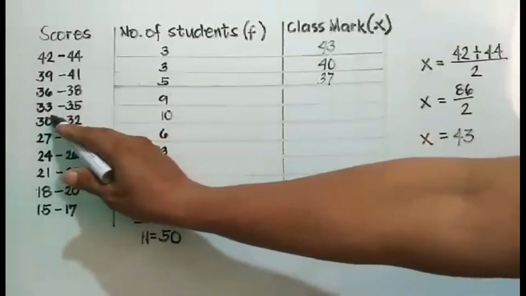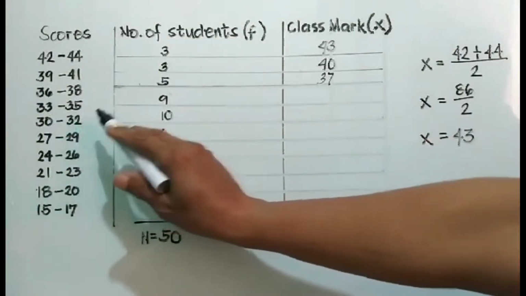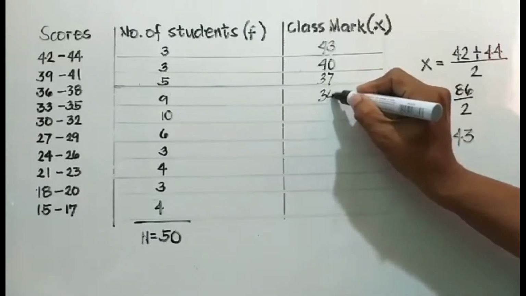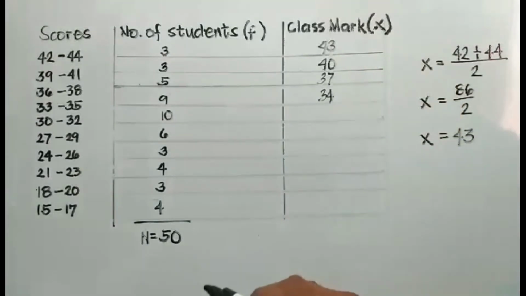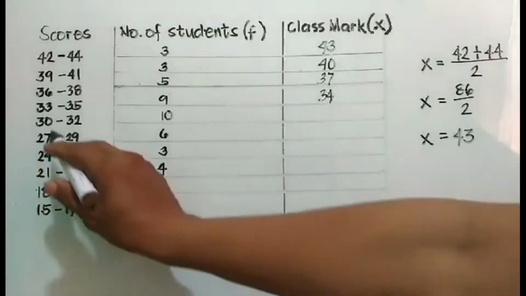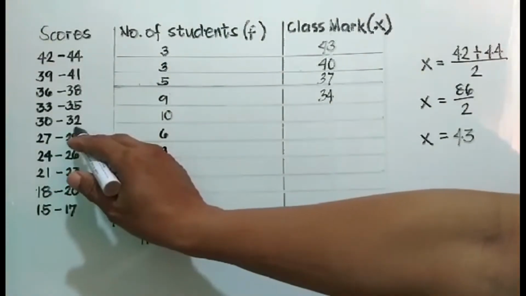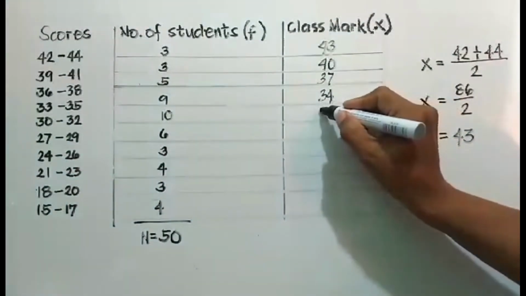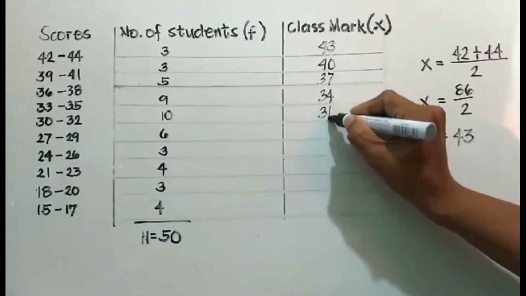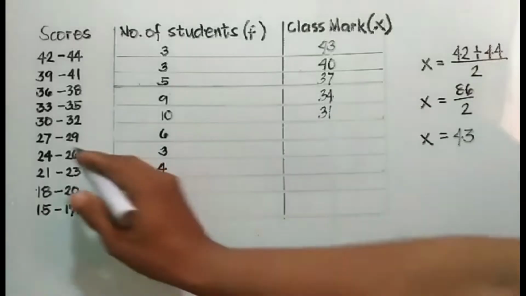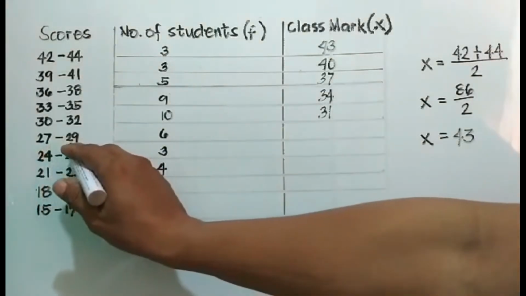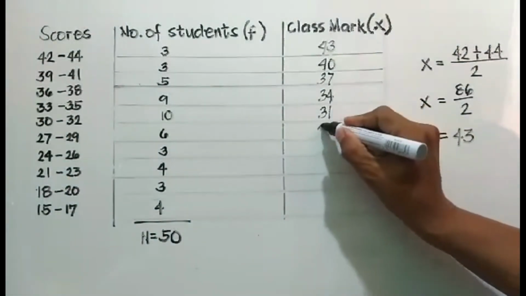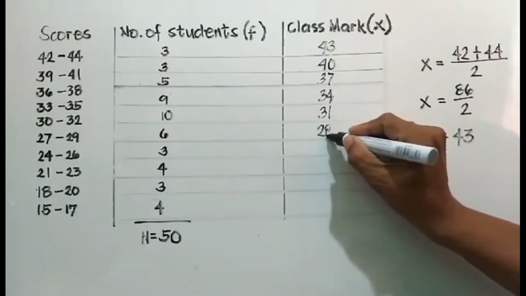Next, 33 plus 35, 68 divided by 2, 34. Next, 30 plus 32, ilan? 62 divided by 2, 31. 27 plus 29, 56 divided by 2, 28.